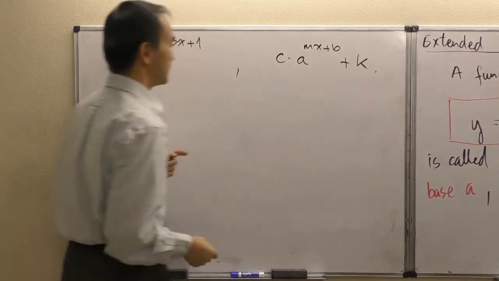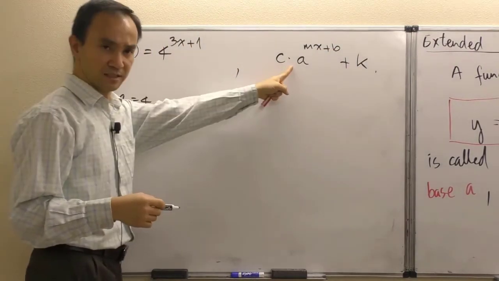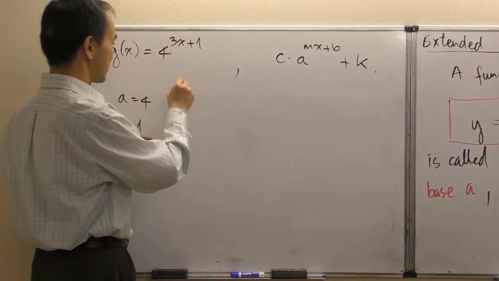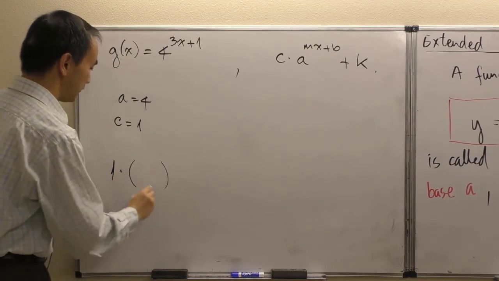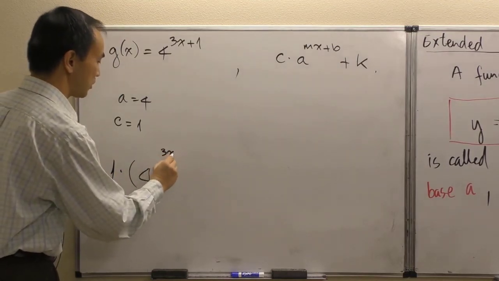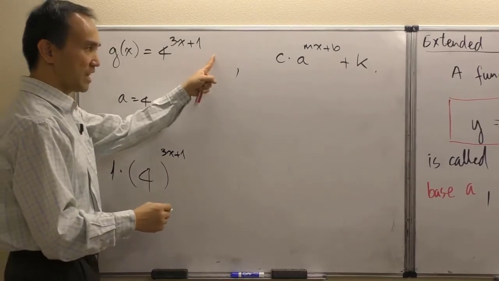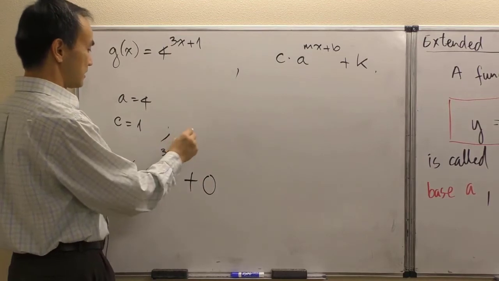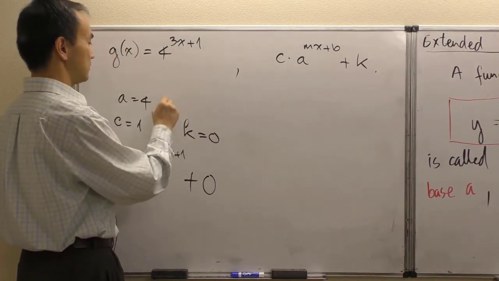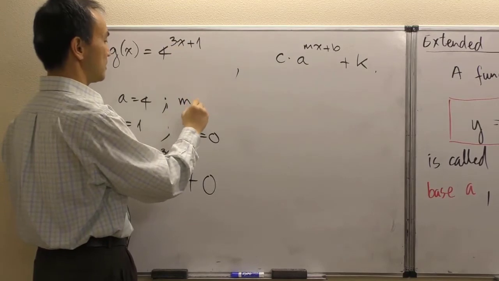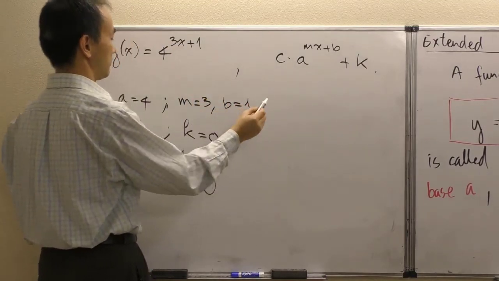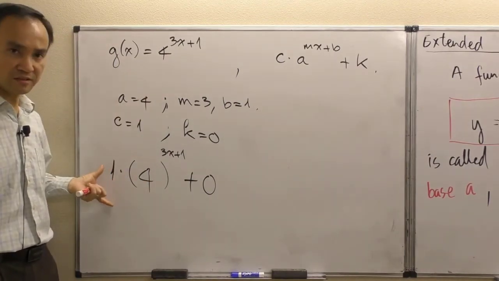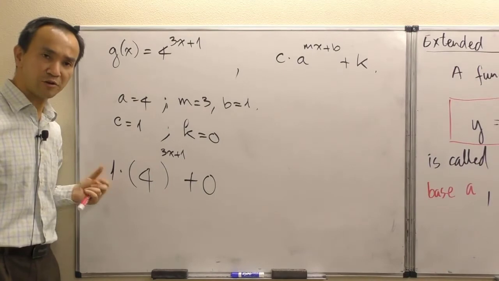Then the base is 4. The coefficient is 1, because this function is the same as 1 times 4 raised to the power of 3x plus 1. We don't see any extra constant added, which means plus 0, so k is 0. In the exponent, m equals 3 and b equals 1. That's how I recognize this function as one of the general exponential functions.